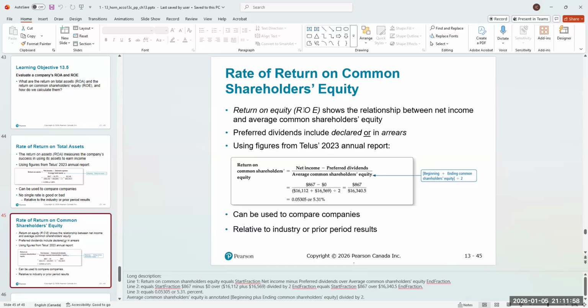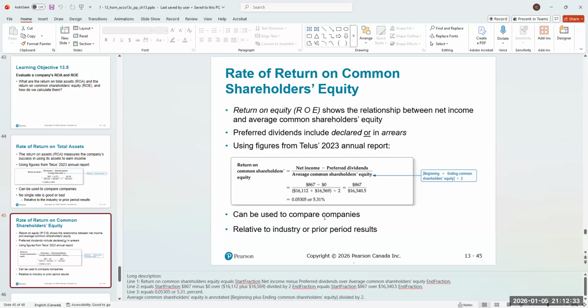The next one is return on common shareholders' equity. What are we going to do there? Again, we start with the net income, but since the preferred dividend is paid out of the net income, we're going to deduct the preferred dividend. Whatever we have to pay for the preferred dividends, we take it out. The denominator will be average common shareholders' equity, which is the beginning plus the ending divided by 2, a simple average.